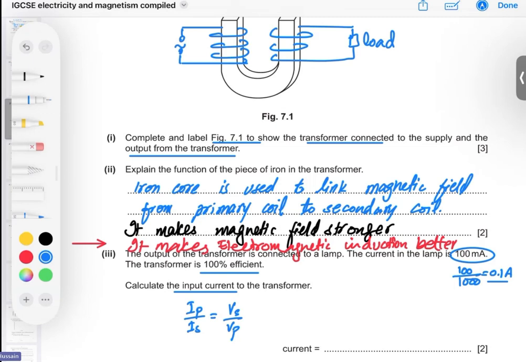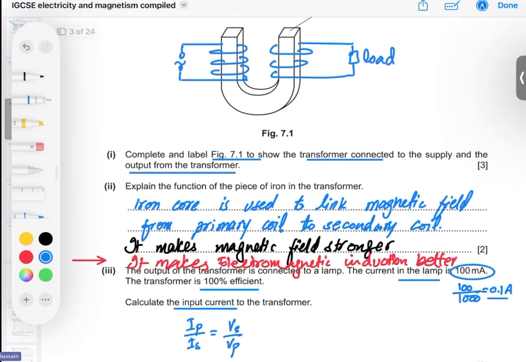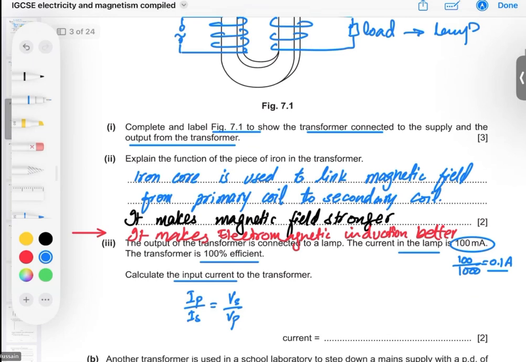I know the input and output voltage, and I know the current in the lamp. This load is basically a lamp, right? So the current in the lamp is the output current, the current in the secondary coil. So I can easily find Ip, the current in the primary coil.